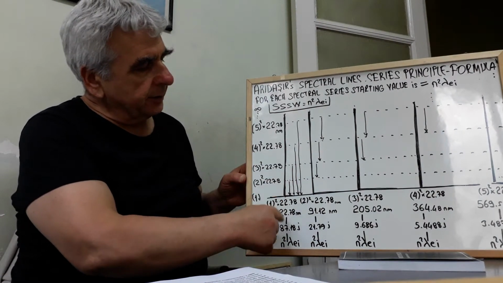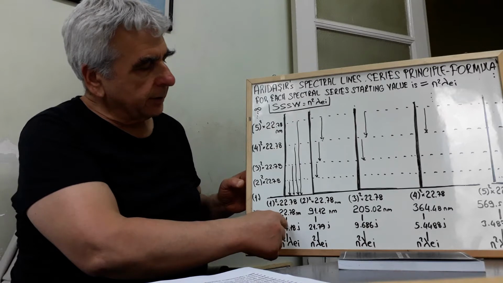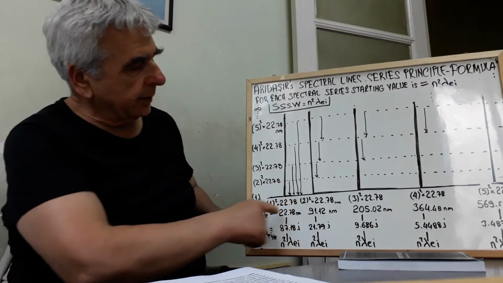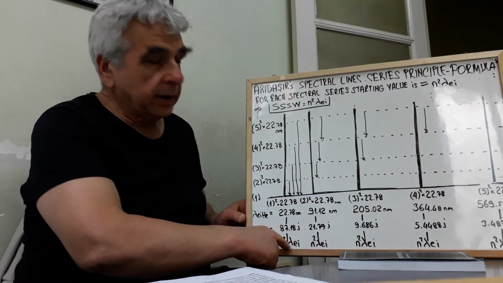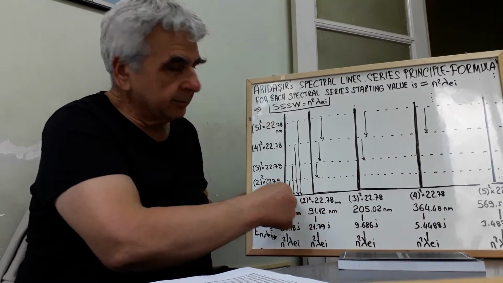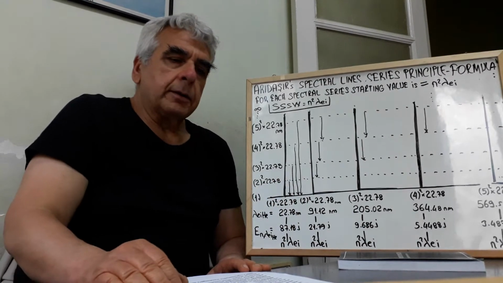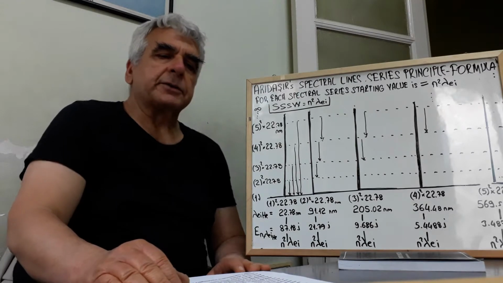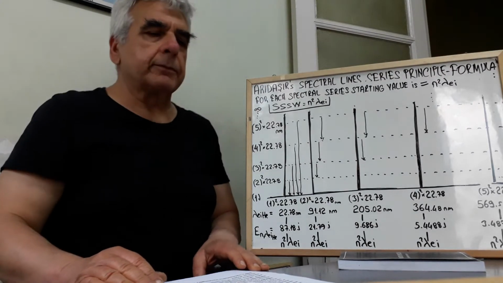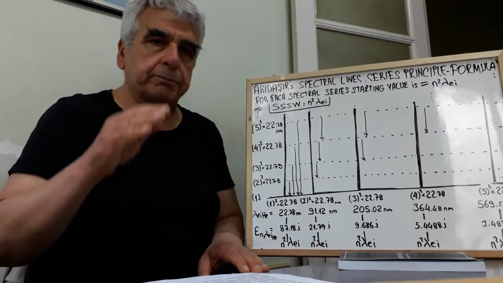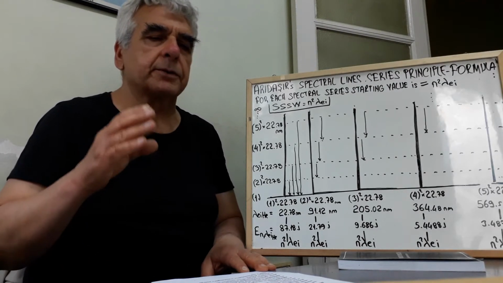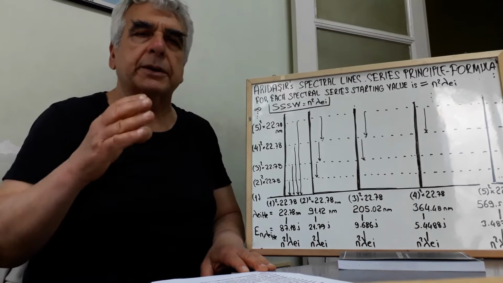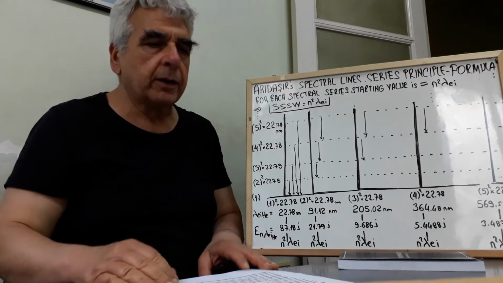Here starting from n equal to 1. Okay, but don't forget, according to my formulas, ARIDAŞIR's spectral line series principle formula. Before this is the title, Certain Prediction of Helium Spectral Series by ARIDAŞIR, by me.